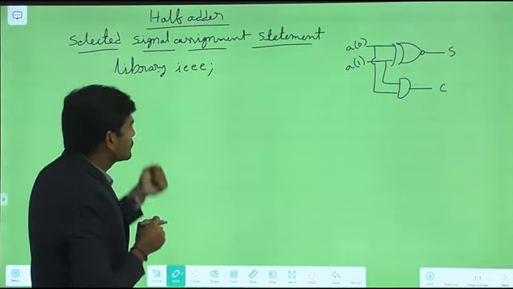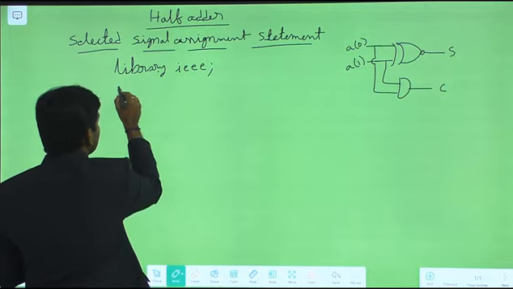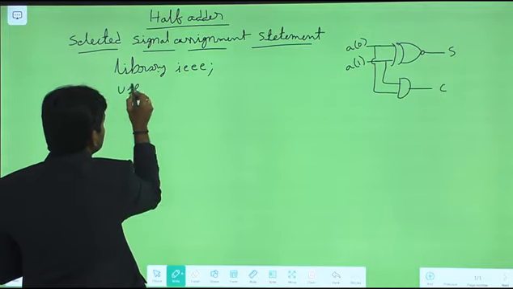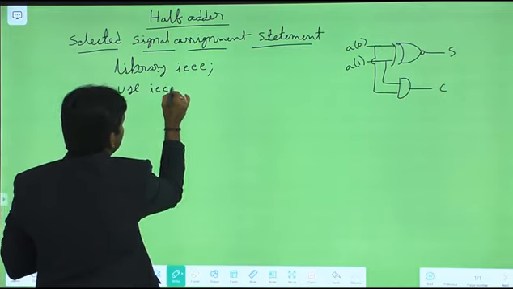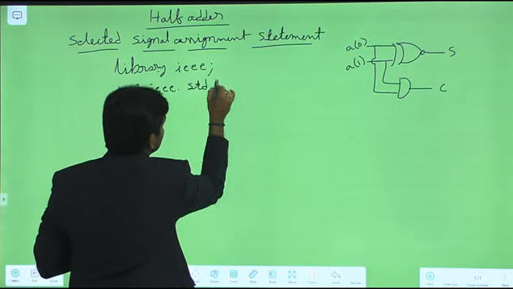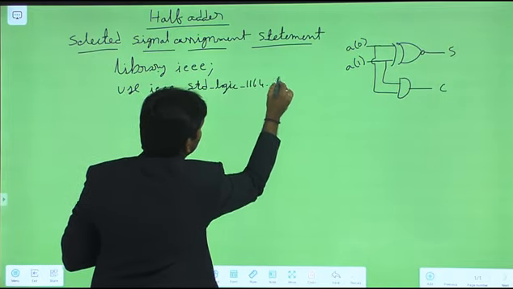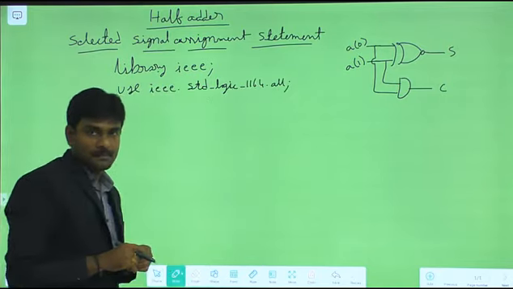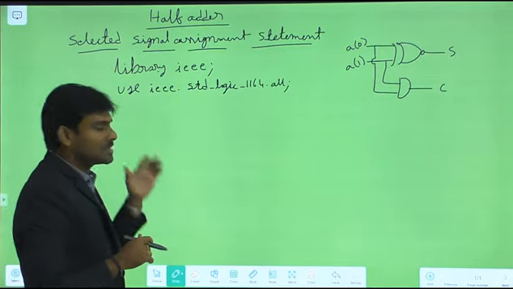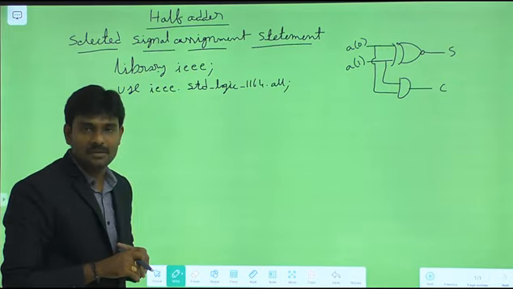The second one is we are supposed to add the package within that IEEE library by means of the use clause: use IEEE.std_logic_1164.all. These two statements are common irrespective of whatever language or description style that we are following.